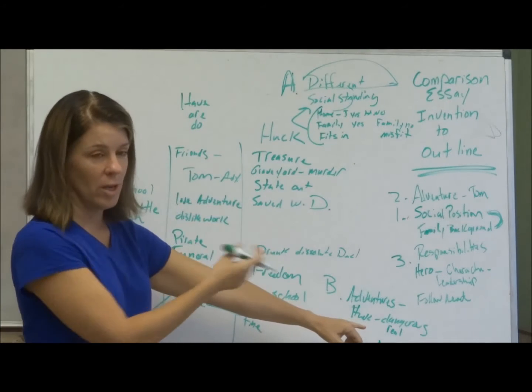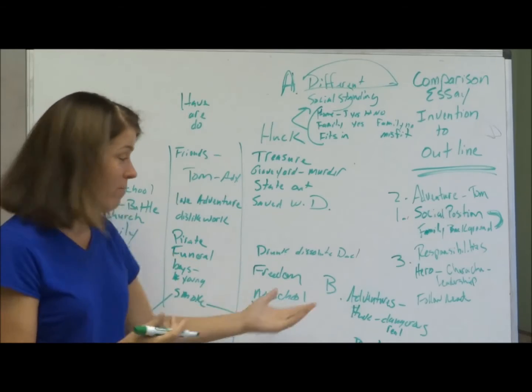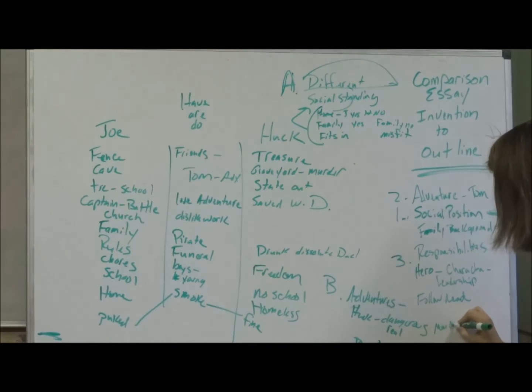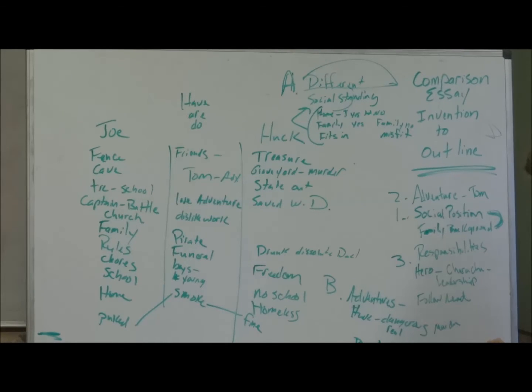We already said this. It's really obvious. The graveyard. The graveyard example. See, it's really dangerous and real. He saw a murder, and he played with a tick. Or he was the captain of a game, and it was an imaginary adventure. And he saved Widow Douglas, which was a real adventure, right?